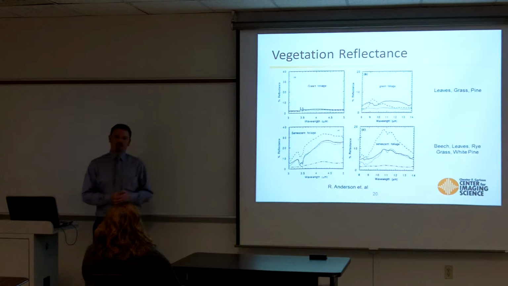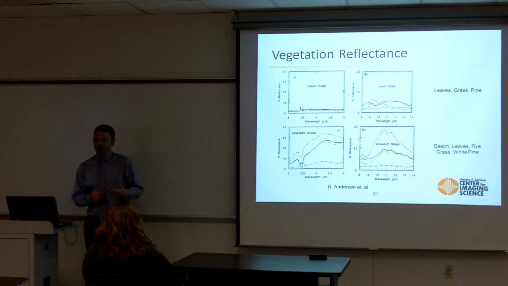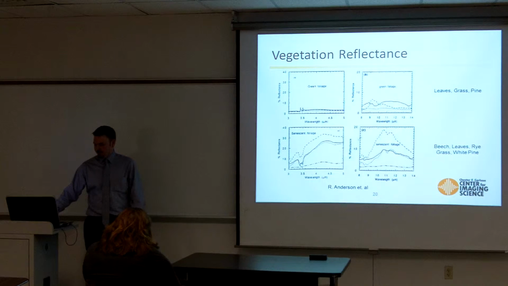This is key in IR imaging, as a lot of synthetic materials and the clothing that you wear are made of these materials, and they will reflect and fluoresce just as much as the vegetation will, even after manufacturing. So it's something to keep in mind if you want surveillance for safety of your home or for military type applications.